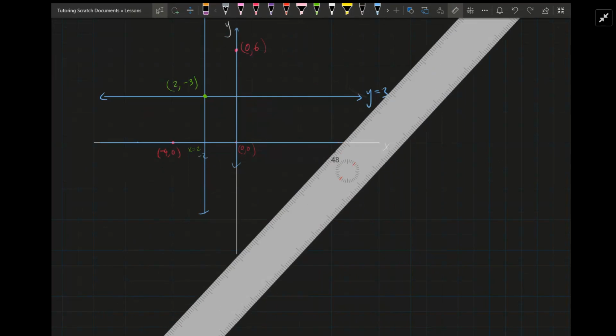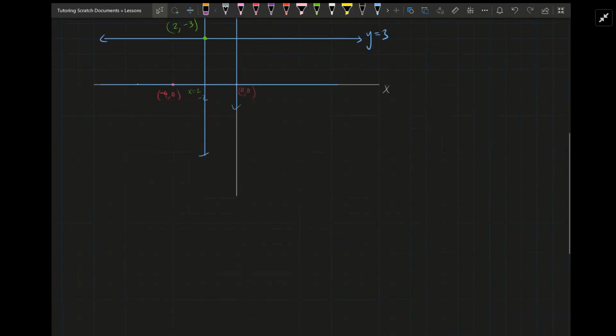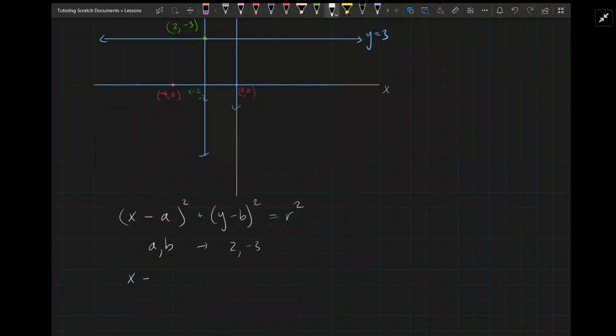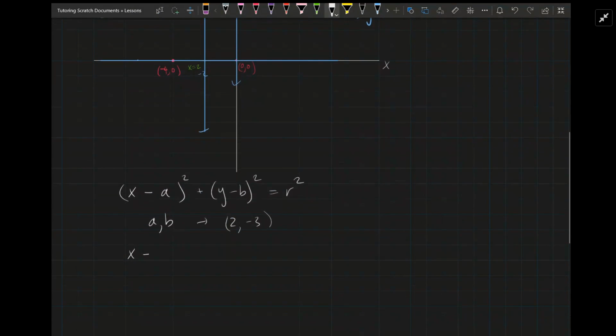The other thing that we need to know to define it in equation form, you know the equation, you had it before. It's x minus a squared plus y minus b squared is equal to r squared. And (a, b) is going to be the center. So we have most of the information.